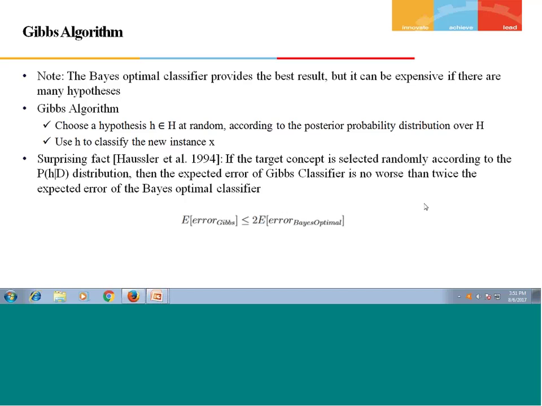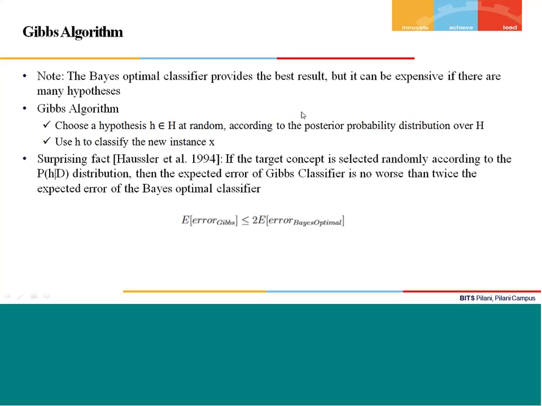What Gibbs is saying is, let's say this is the space of the hypotheses, and this is the distribution they follow, P(h|D). This is the posterior distribution. Let's say this is the maximum likely one, HX.